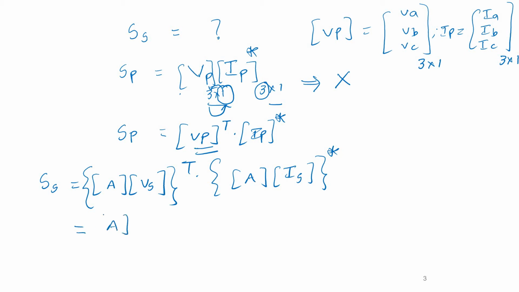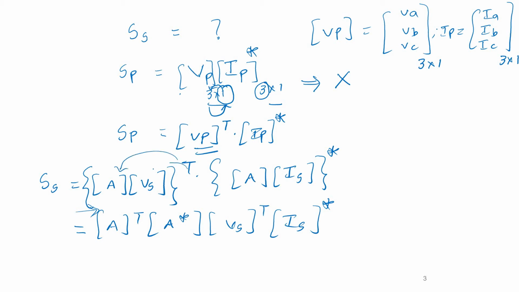This is A transpose into A conjugate into VS transpose into IS conjugate. Here, in one more step, you can take A transpose VS transpose, A conjugate and IS conjugate.